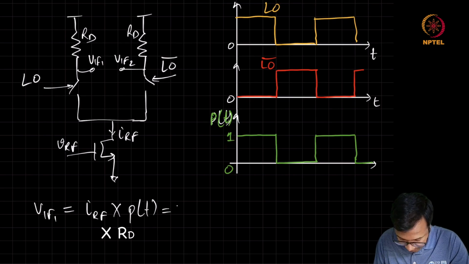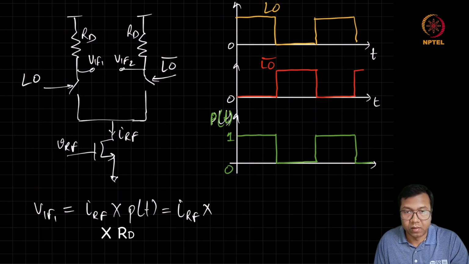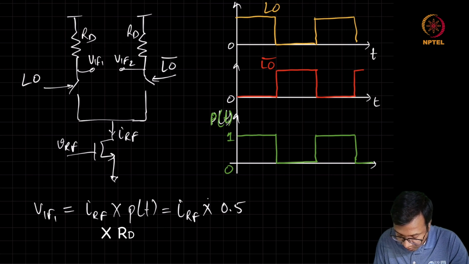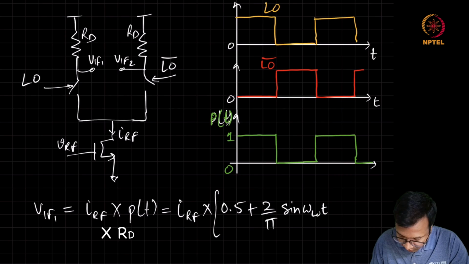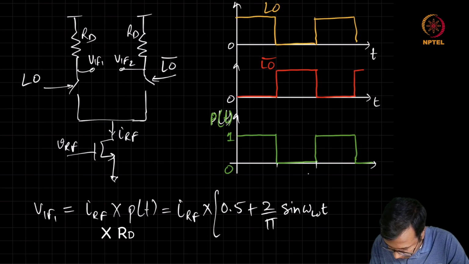You can simplify this by writing this P of t as a sum of its frequency components. So we can see already it has a DC term 0.5, plus it has a fundamental with a strength of 2 by pi sine omega LO t.